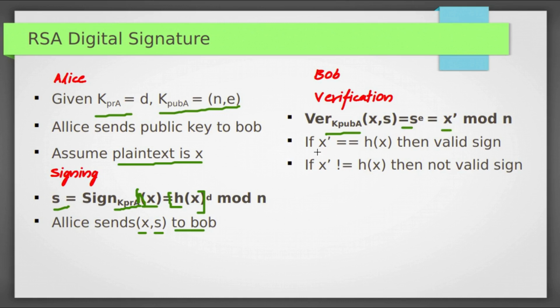If this result is equal to the hash of the message, then the signature is valid. If the result X prime is not equal to the hash of the message, then the signature is not valid, meaning either this message is not signed by Alice or the message has been changed since signing.